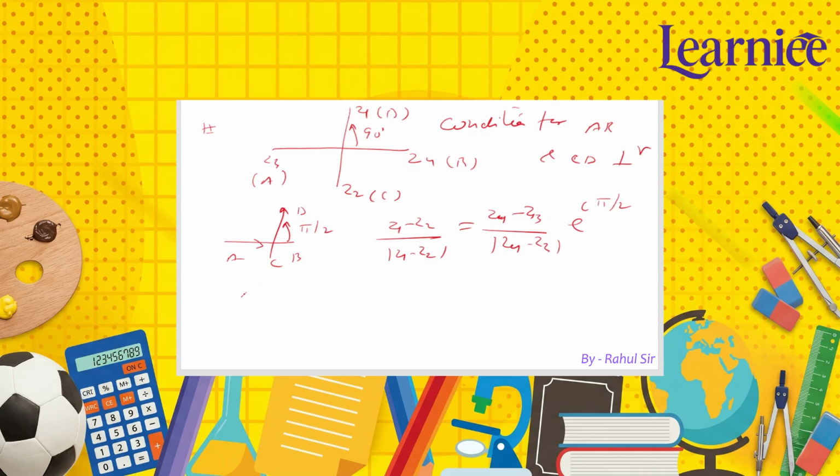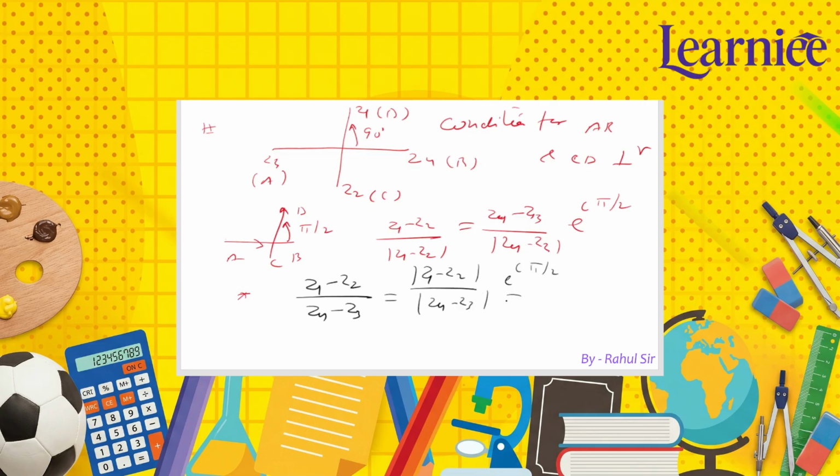And if you simplify, I will get Z1 minus Z2 upon Z4 minus Z3 is equal to the magnitude of Z1 minus Z2 upon Z4 minus Z3 times e to the power i pi by 2.